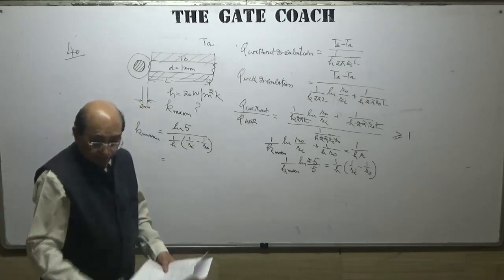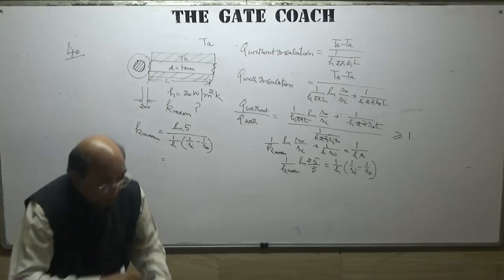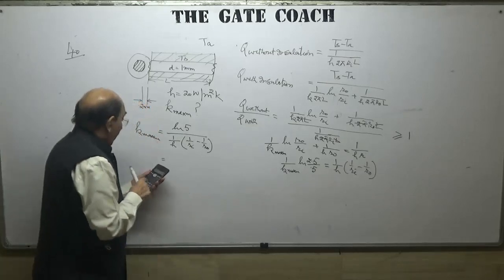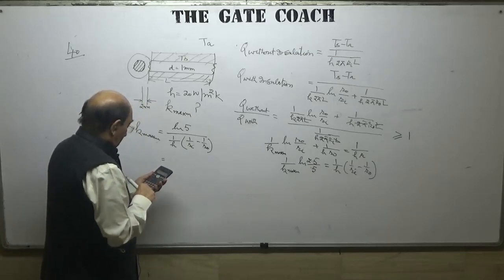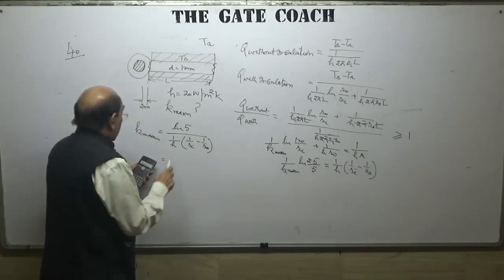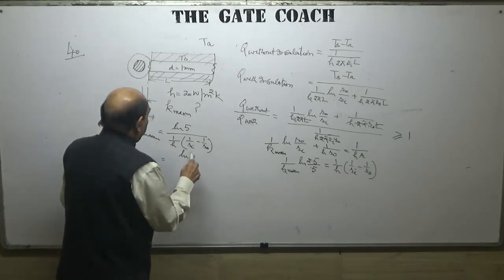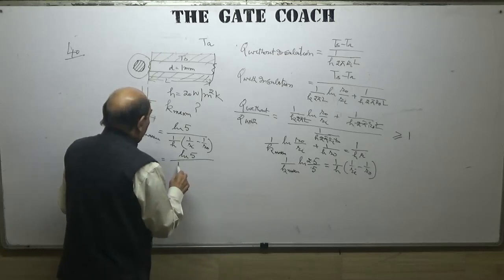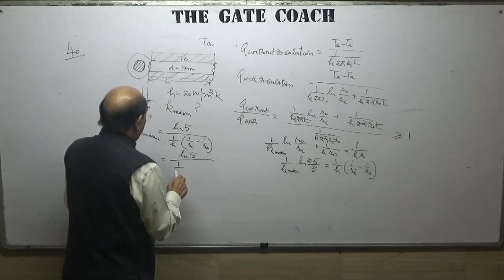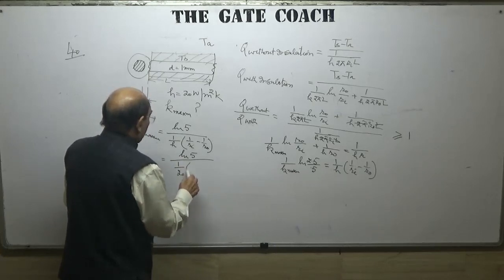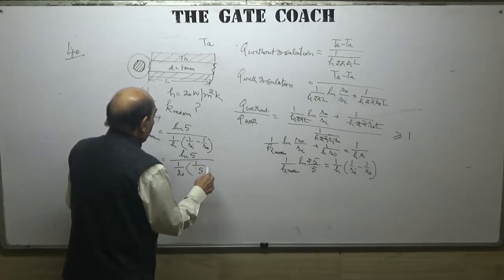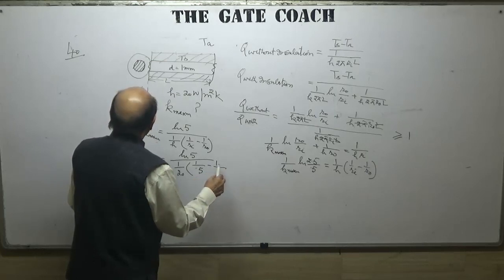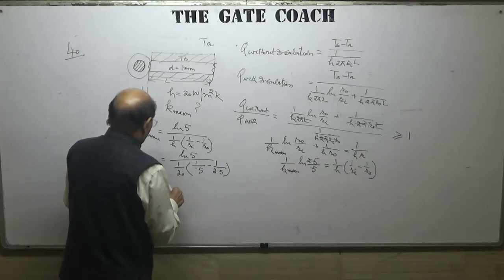If you calculate, let us do step by step. Log 5 upon 1 upon h, and h is 20, into 1 upon Ri 0.5 minus 1 upon Ro 2.5.